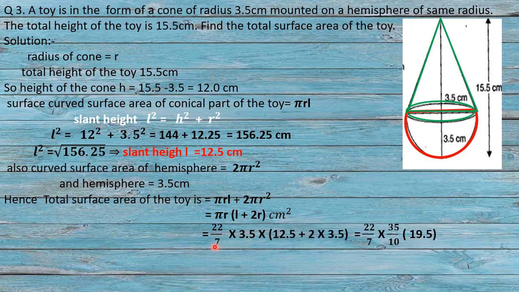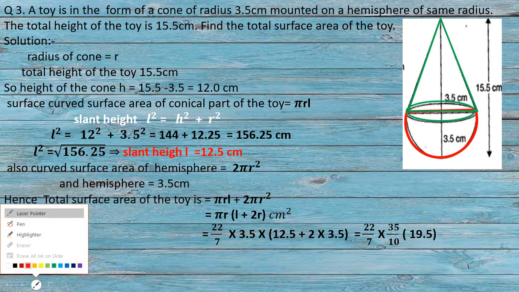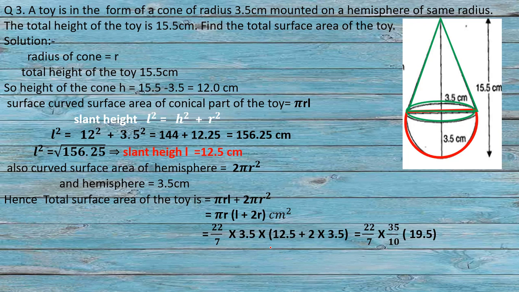Now put the values, we get 22 by 7 into 3.5 into 12.5 plus twice of 3.5. So this 3.5 we consider as 35 upon 10 by removing the decimal, and 12.5 plus 2 into 3.5 becomes 19.5. Now we can simplify it.